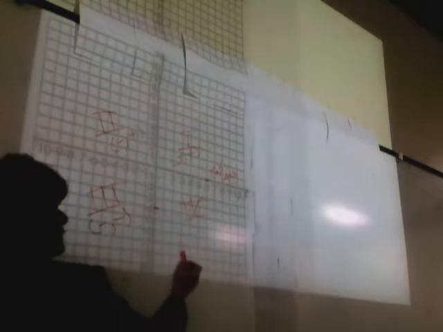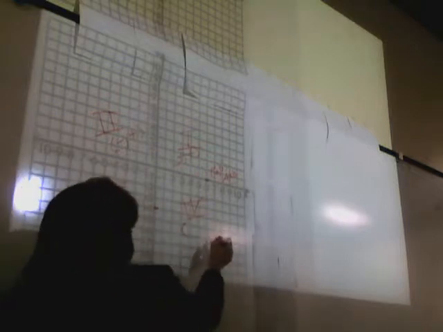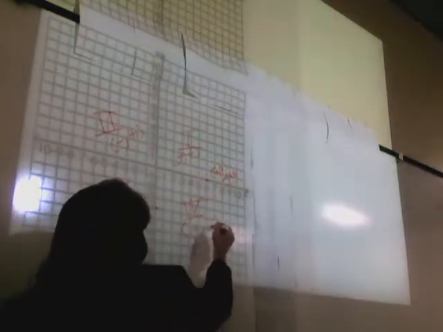And in the fourth quadrant, what will it be? Positive, negative. Okay. Let me get this off of here so we can start the next stuff.